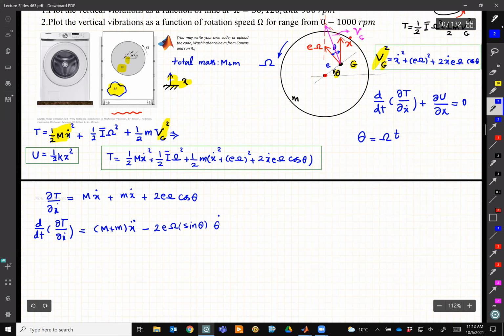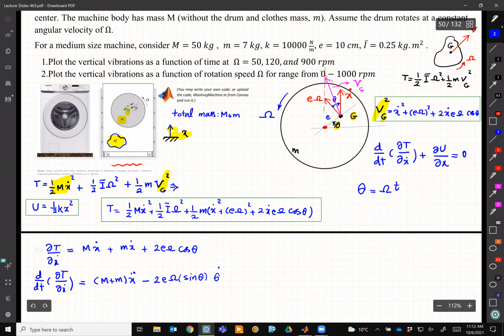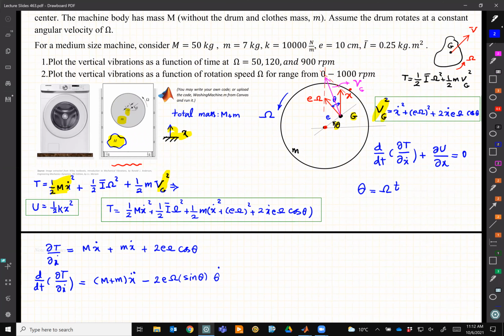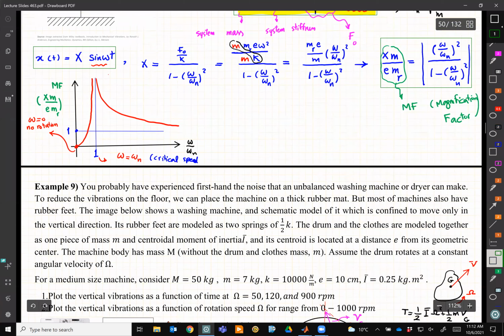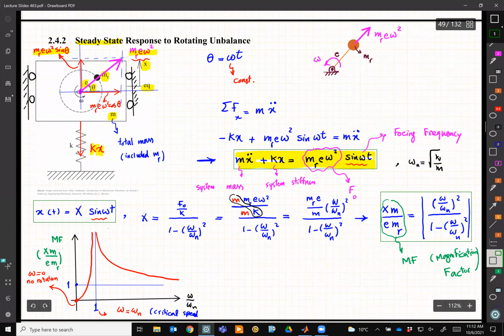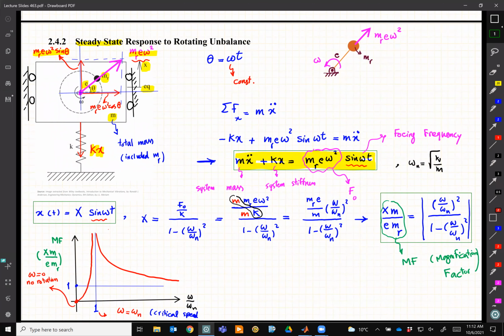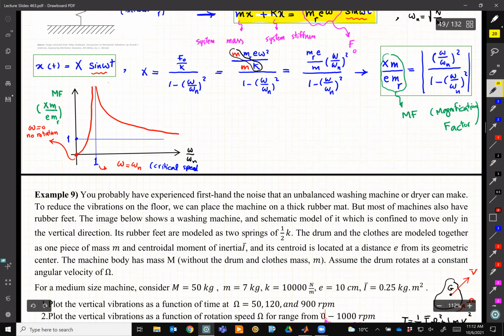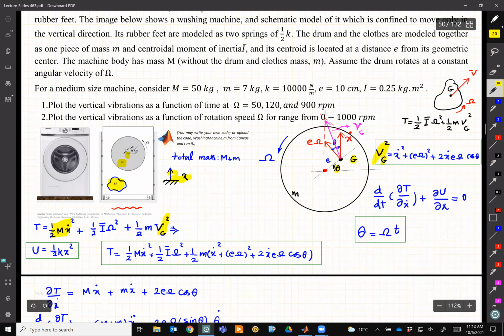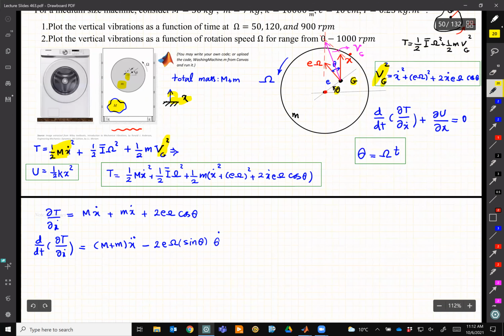Whenever you have a constant rotation speed, we can write theta as omega t. If you forget, move back one slide, we discussed that when you have a constant speed and a rotation, the position will be omega t. So moving back here, I can replace it.